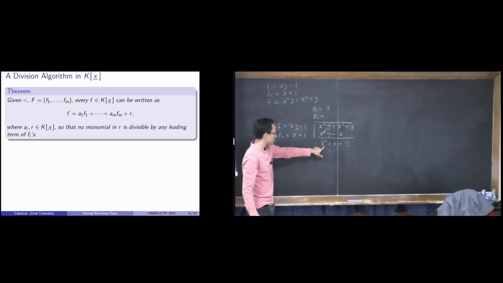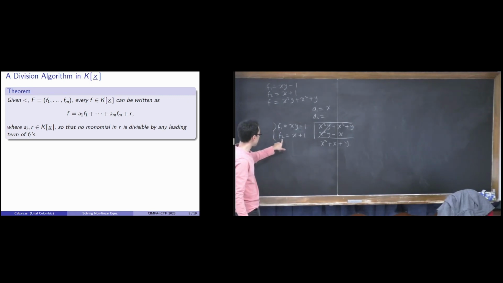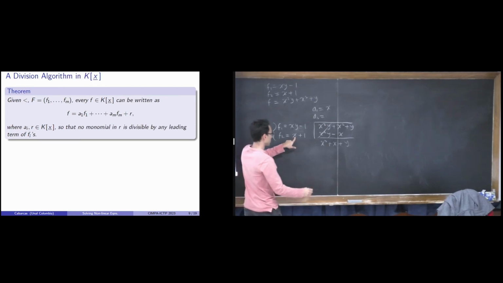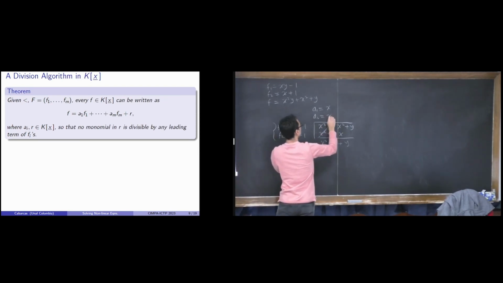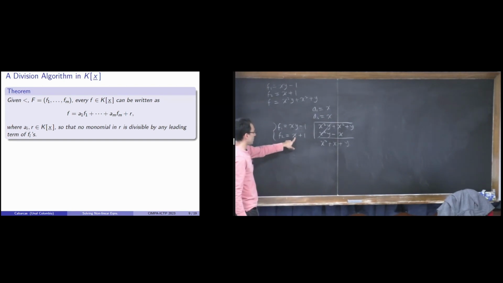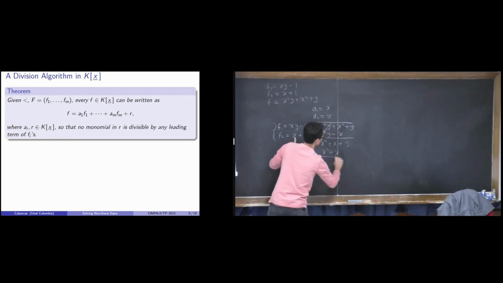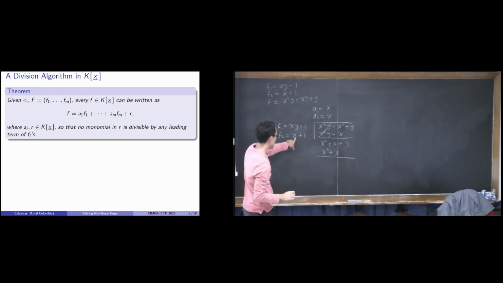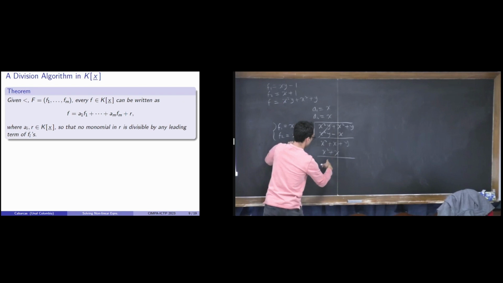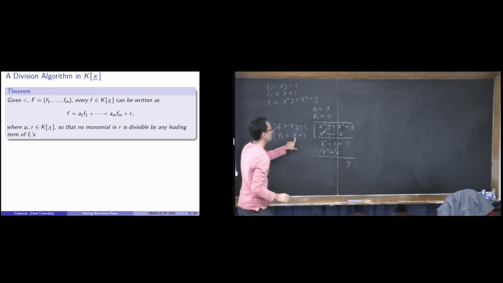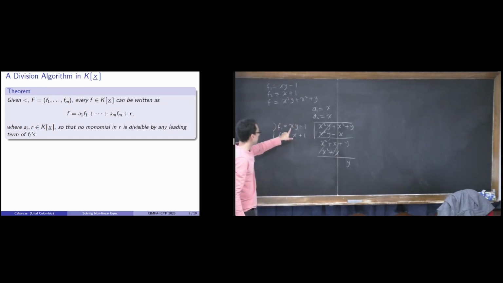Now to cancel this x squared, we can use f2 multiplied by x. So again, we need an x, but now in a2. When we multiply x by f2, we get x squared plus x. And we subtract, and this cancels, and we end up with y. Now, y is not divisible by any of the leading terms of f1 and f2, and so we're done.